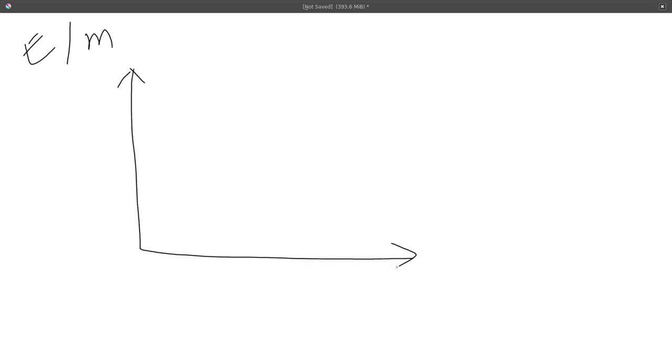So what did we just see? We had an error which we wanted to minimize with respect to the value of m, right? So now let's just say we can plot these values on a graph where we have m and where we have e. Now we are getting into gradient descent, so please pay as much focus as you can.